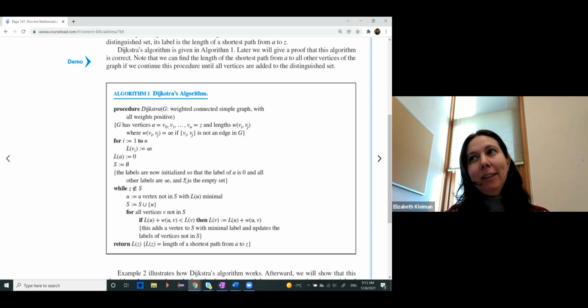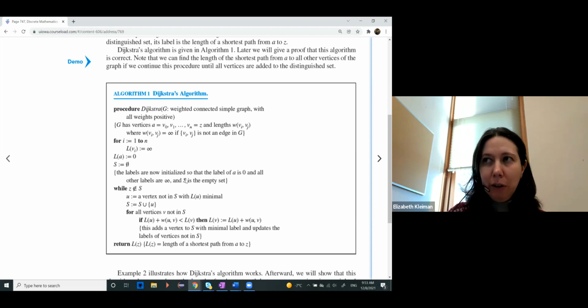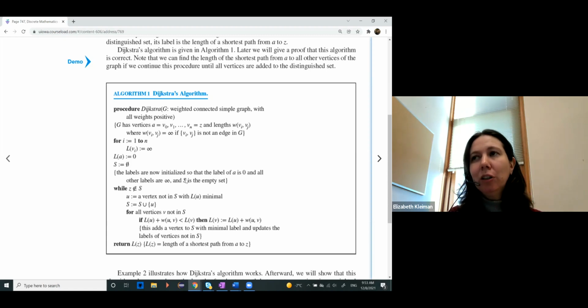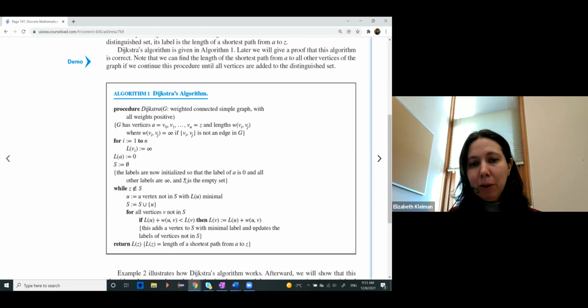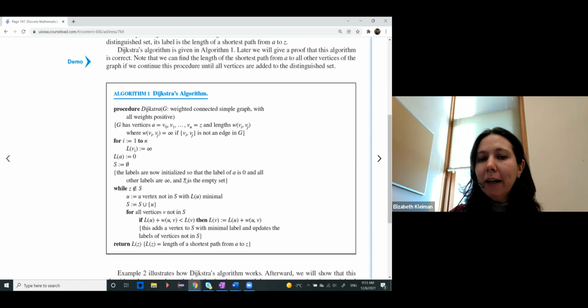While Z, our target node, does not belong to S, we take U, a vertex which is not in S, with L of U minimum, and we add U to S. Then for all vertices V which are not in S, we check if L of U plus W of U,V is less than L of V, and if so, we change L of V to be L of U plus W of U,V.